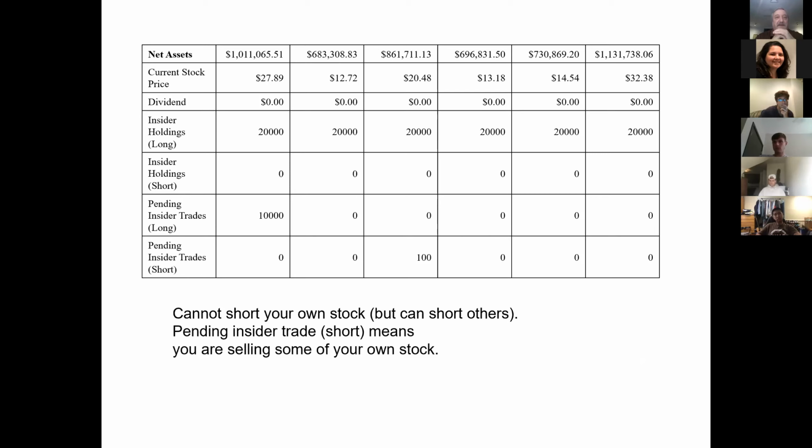So when the stock price tanks, we'll make a bunch of money. And then when they sell short, before you're able to sell your shares, then your stock price will go down, and those 20,000 shares you thought were worth $20 a share will now be worth very little. Okay? Once again, you're not allowed to sell short your own stocks.